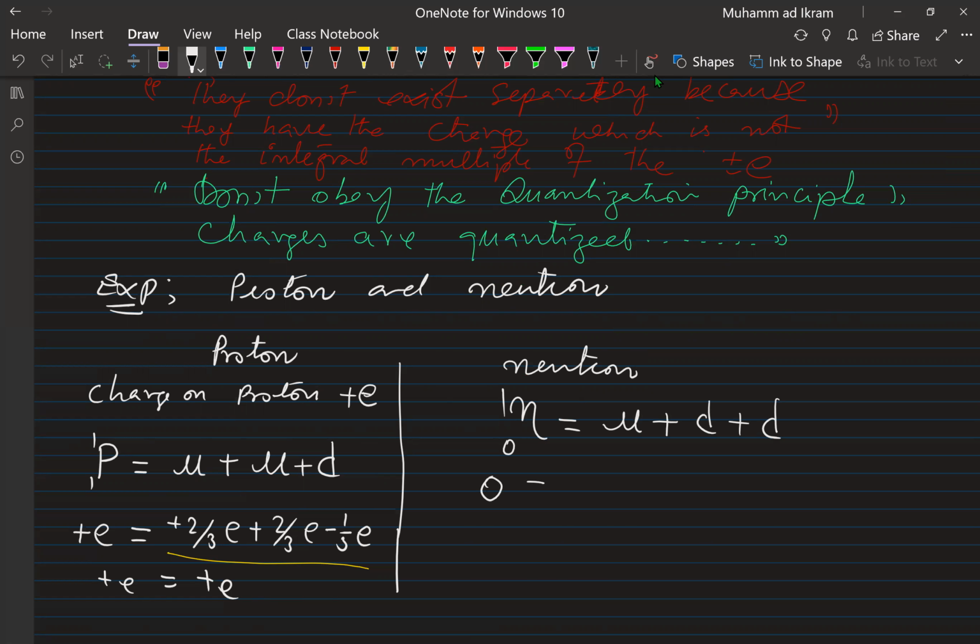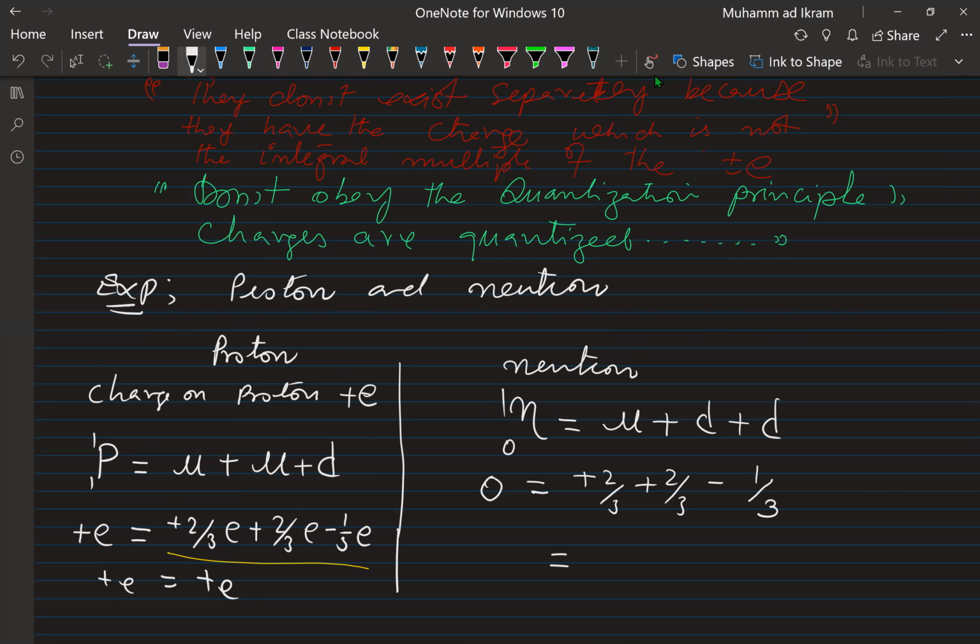Now what is the charge on the up quark? The charge on the up quark is plus 2 by 3, and the down quark has a charge of minus 1 over 3. Right? So if you just look, they all together add up to what?